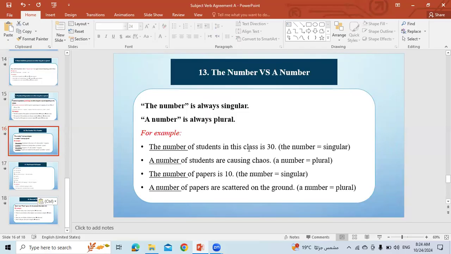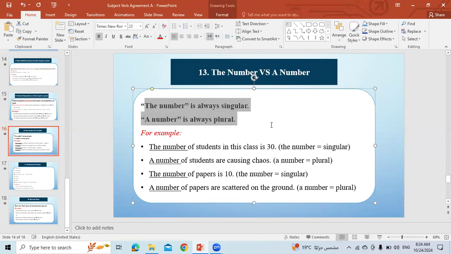For example, the number of students in this class is 30. When I say the number of students, how many numbers? It's only one number, 30. A number is plural. So a number of students are causing chaos. You see? So the number is always singular. A number is plural.